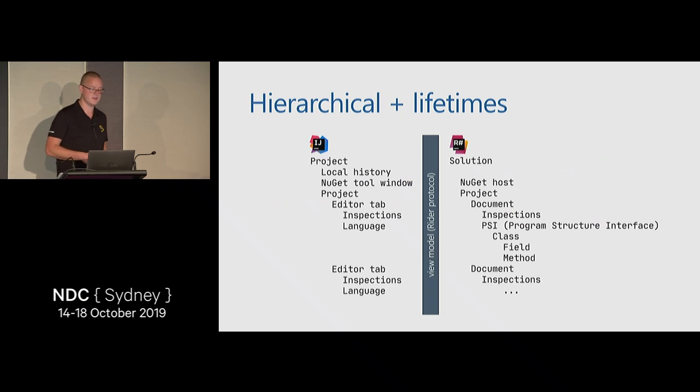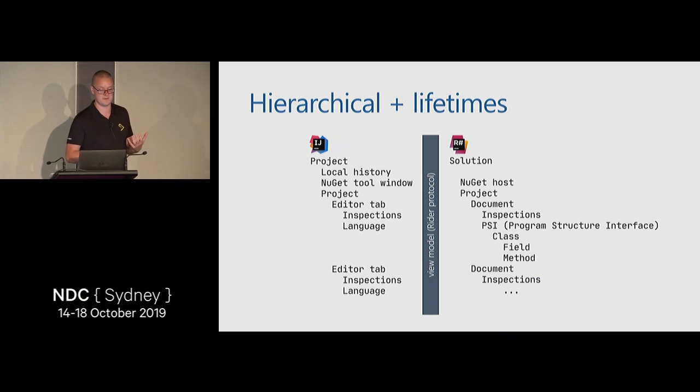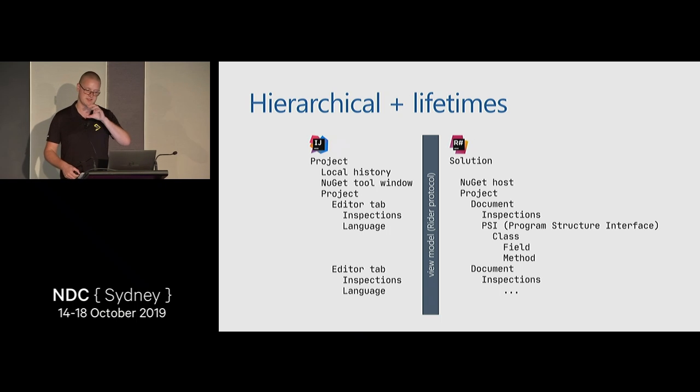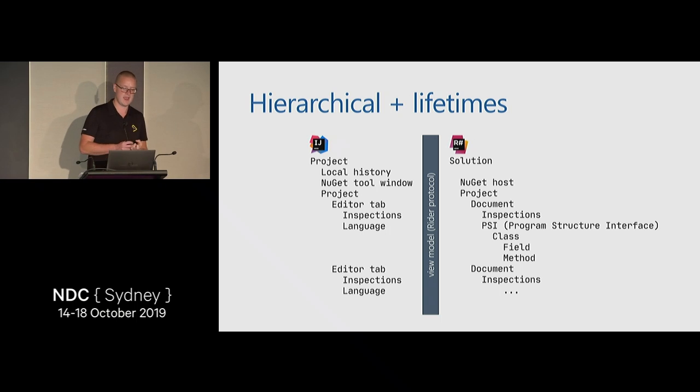It's hierarchical in that all those lifetimes are a hierarchy. And also the hierarchy and the lifetimes are communicated over the protocol. Because on the IntelliJ side, we have a project that has a NuGet tool window that has editor tabs with inspections and languages and so on. And on the Resharper side, we have a similar structure.